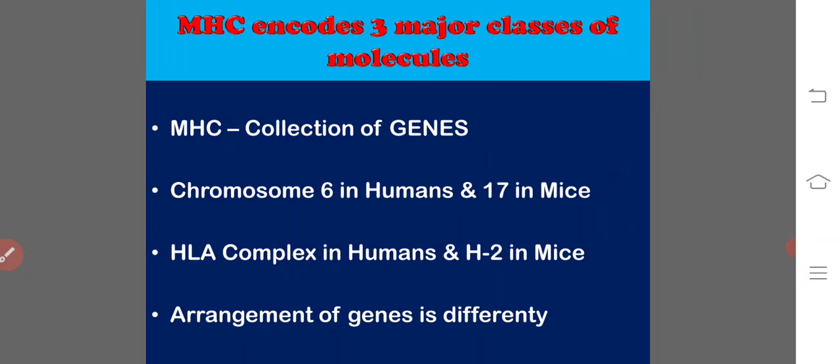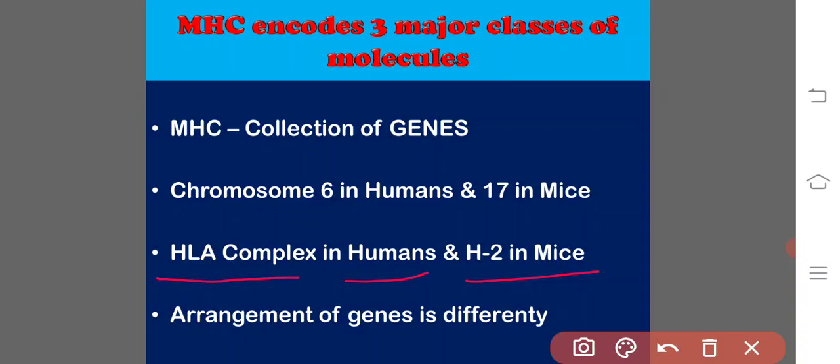The MHC is referred to as the HLA complex in humans and the H2 complex in mice. Although the arrangement of genes is somewhat different in the two species, in both cases the MHC genes are organized into regions encoding three classes of molecules.